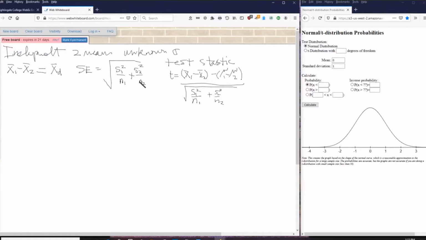And then your n values are your sample sizes.